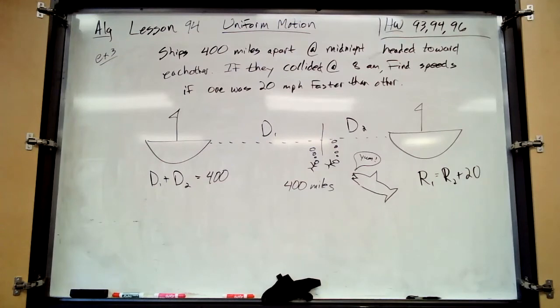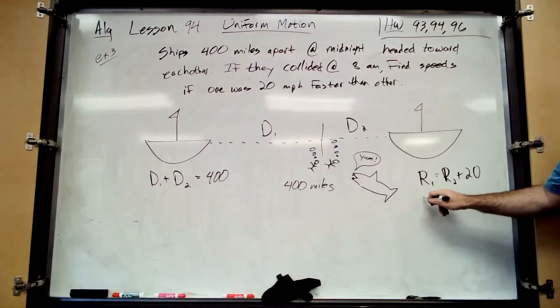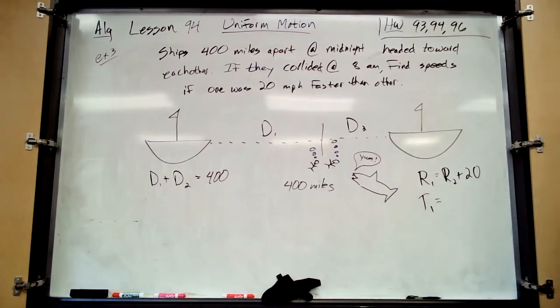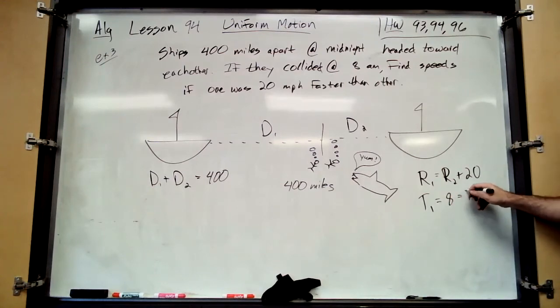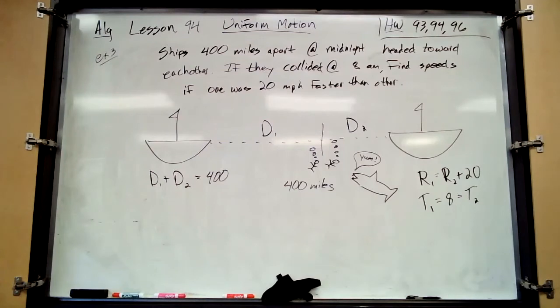Does that make sense? All right, now what else do we know? Do we know times? Yes. Time of 1 equals, it actually gives the end time again. So midnight to 8 a.m., right? So 8, and that also equals time of 2. So time of 1 and time of 2 both equal 8.